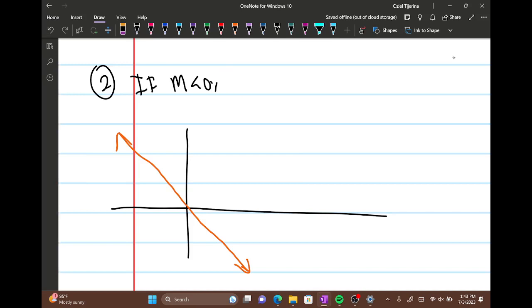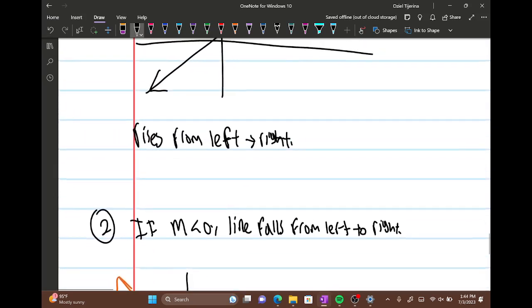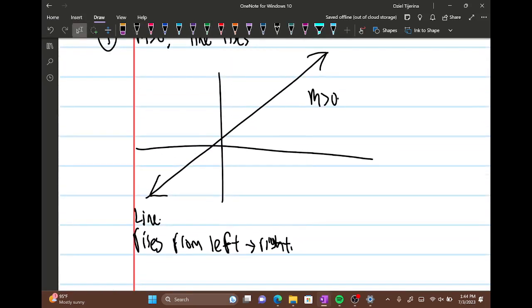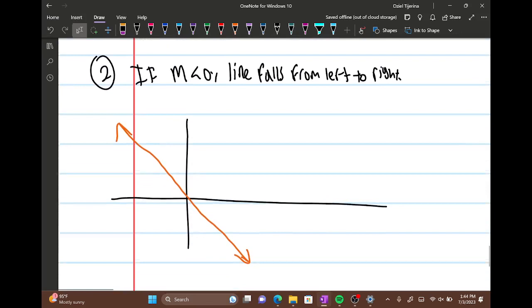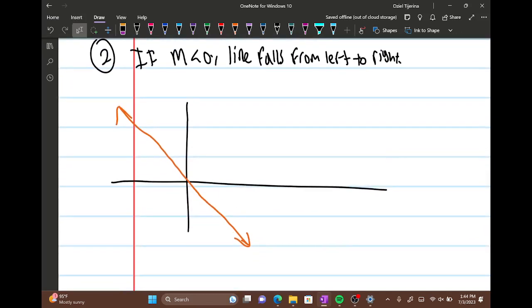The line falls from left to right. For the first one, the line rises from left to right. When m is less than 0, the line falls from left to right.